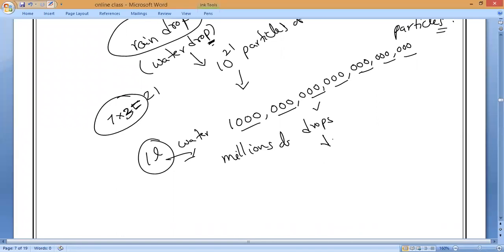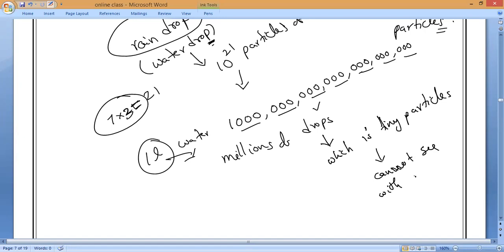So millions of drops, and each one contains millions of particles which are extremely small, very tiny particles. That is the proof for us. We cannot see them with a powerful microscope.